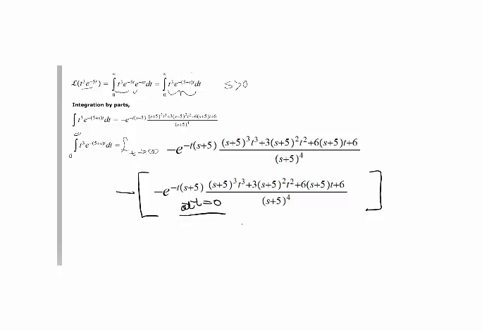So at t equals 0, this will become a 1, and all these terms will disappear, become a 0. So in the numerator I have 0 plus 6 here, and the denominator is negative s plus 5 to the power 4. So this negative sign and this negative sign will give us a positive sign.